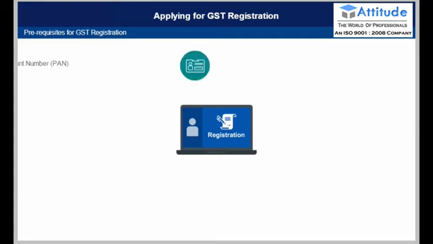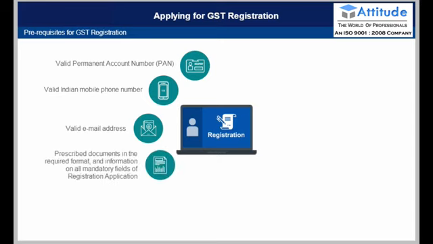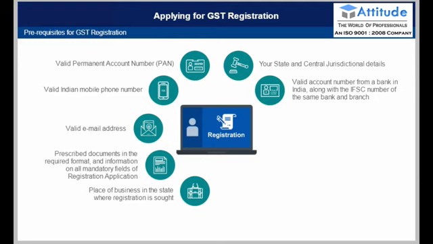Please ensure that you have a valid permanent account number, PAN, a valid Indian mobile phone number, a valid email address, the prescribed documents in the required format, and information on all mandatory fields as required for registration, place of business in the state where registration is sought, your state and central jurisdictional details of the place where registration is sought, a valid account number from a bank in India along with the Indian Financial System Code IFSC number of the same bank and branch, a valid digital signature certificate DSC or Aadhaar number in case of using the e-sign or electronic verification code EVC facility.